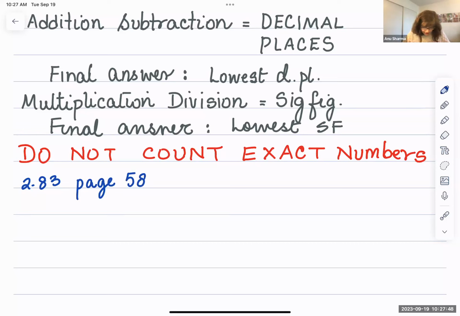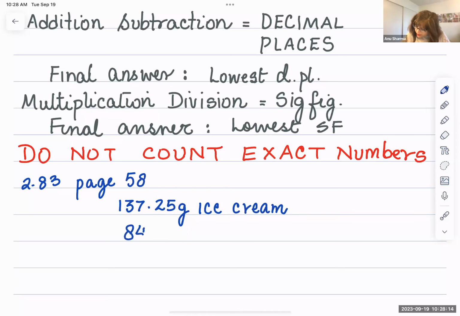A dessert contains 137.25 grams of vanilla ice cream, 84 grams of fudge sauce, and 43.7 grams of nuts.